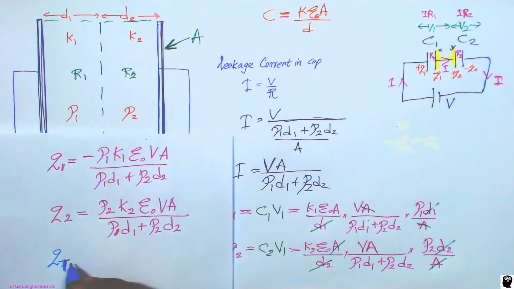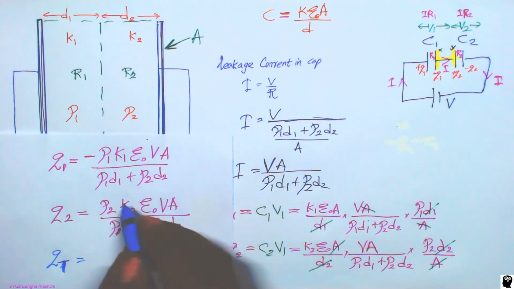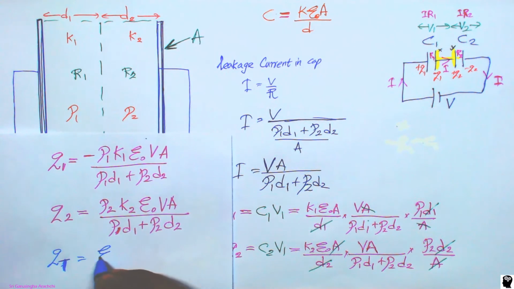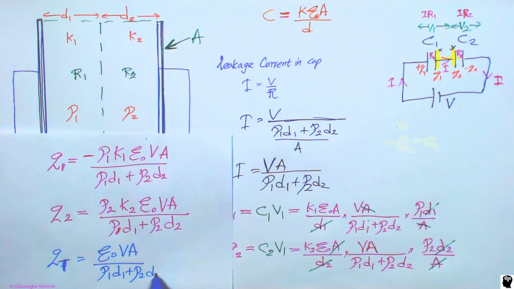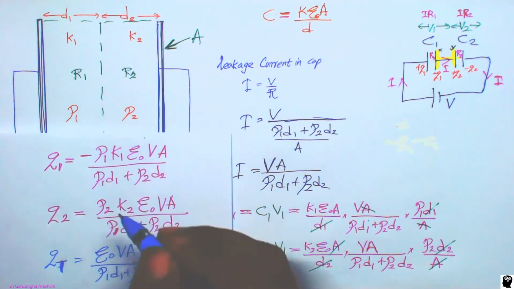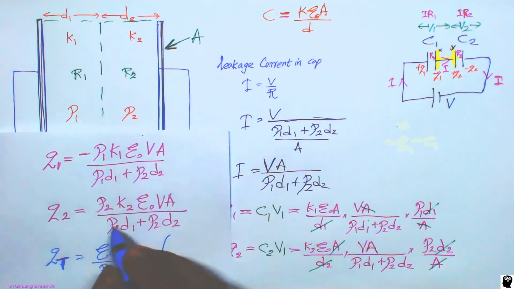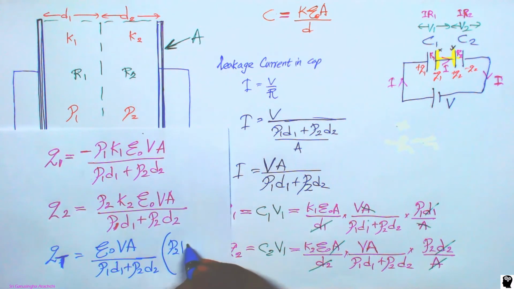Q total equals the common factor ε0 VA divided by ρ1 d1 plus ρ2 d2, multiplied by ρ2 K2 minus ρ1 K1.